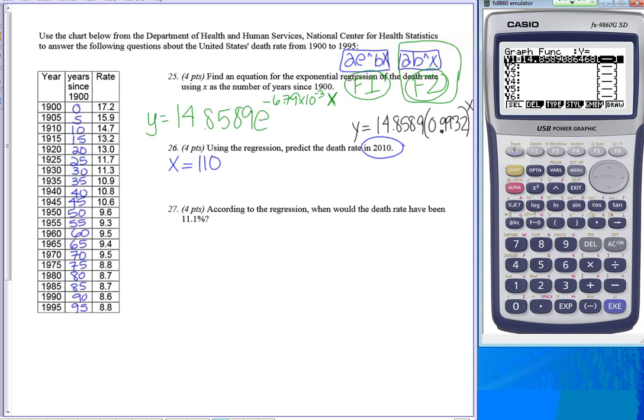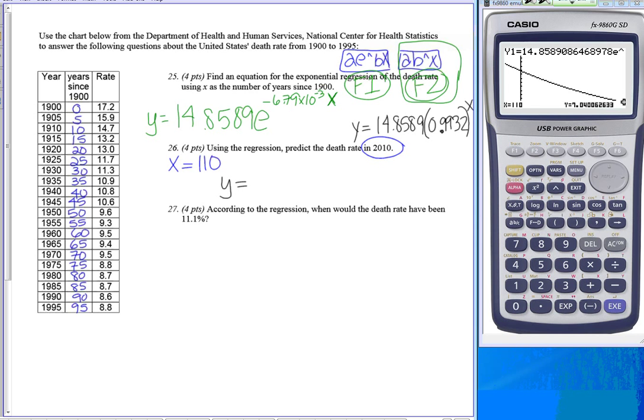Now, if I draw this and I try to go to trace to see what happens when x is 110, my calculator is going to tell me, oh no, it does fit in mine. Sometimes it will say not found, and you might need to zoom out a bit if you're predicting beyond your window. But using this for x equals 110, regardless of which equation I used from number 25, I should have 7.0400 as my death rate.